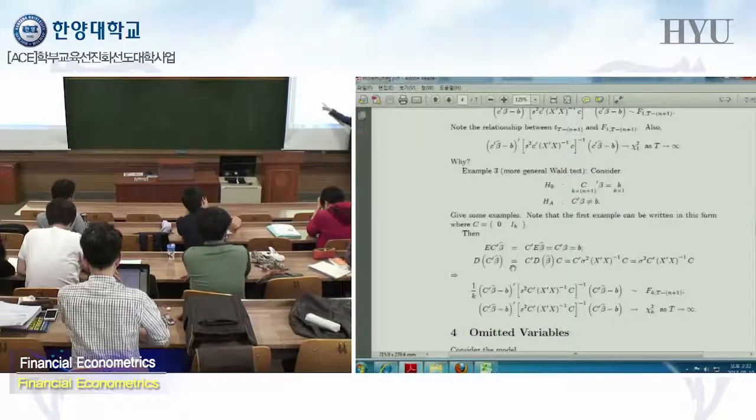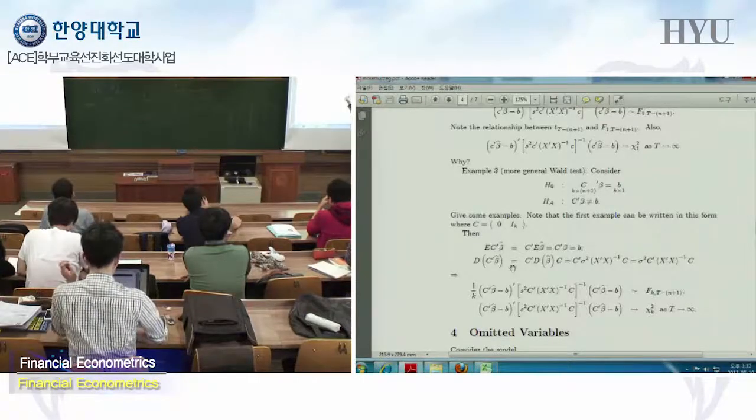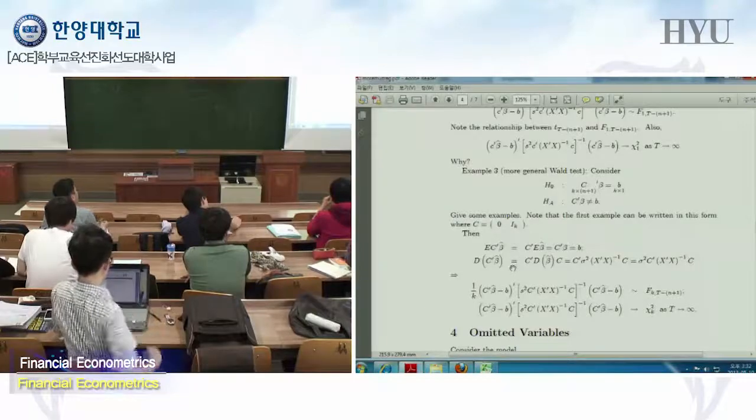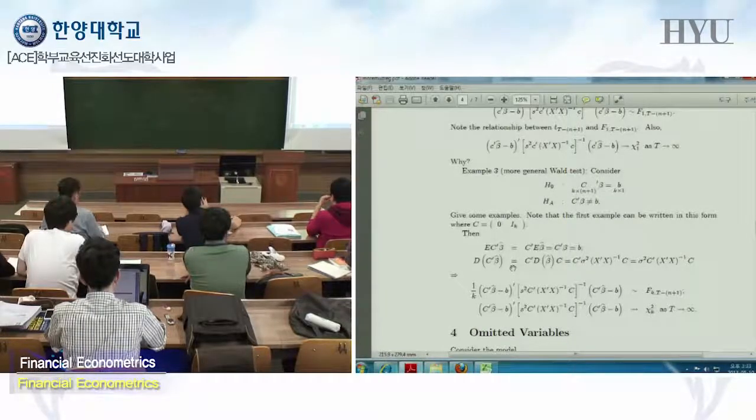So first we divide by 1 over k, and this one is simply this minus this, multiplied before and after by the inverse of the variance matrix of the restriction. But if we have a large number of samples, we can simply disregard 1 over k, and this term should follow a chi-square distribution. Right. Any question?